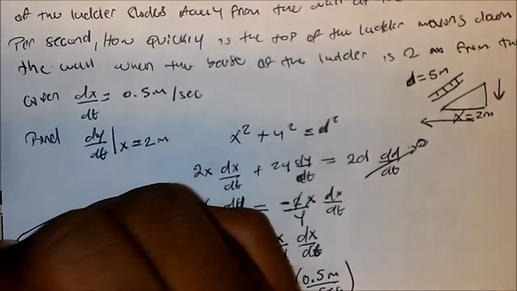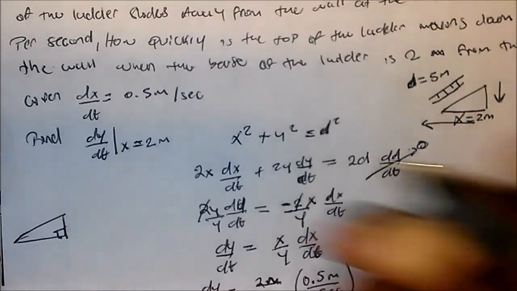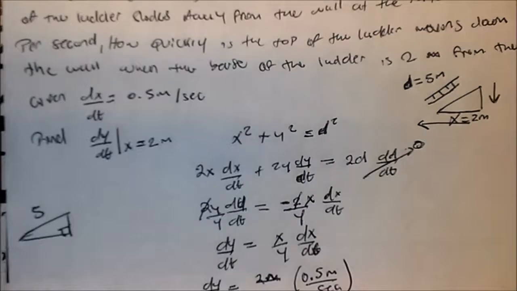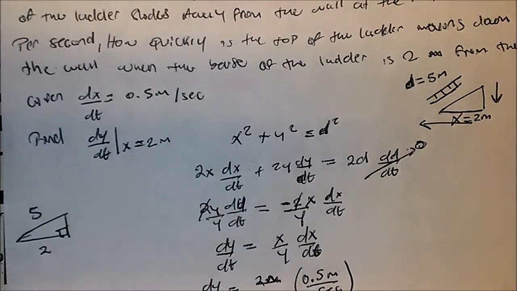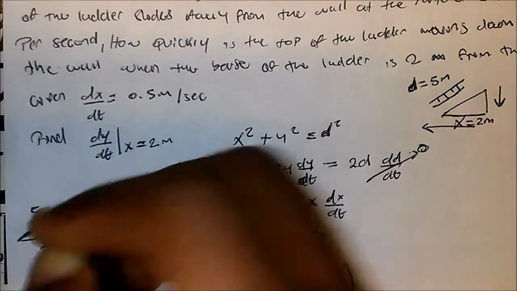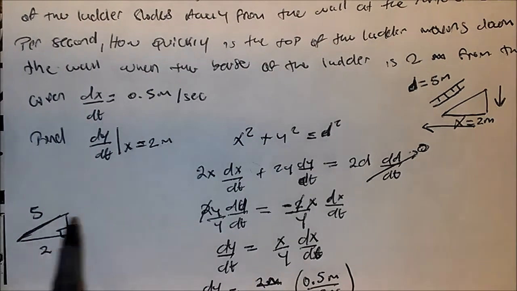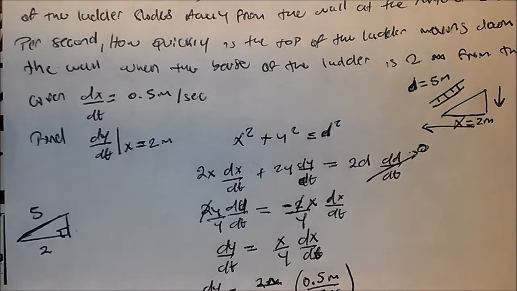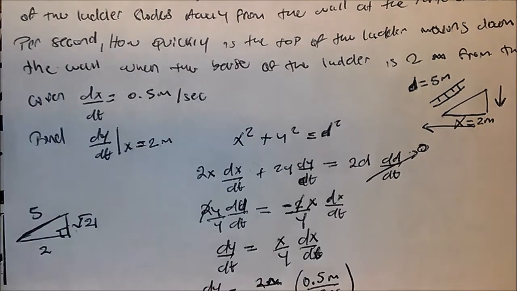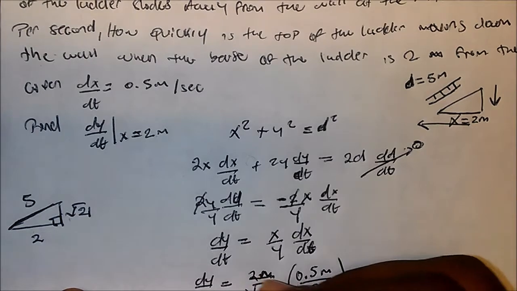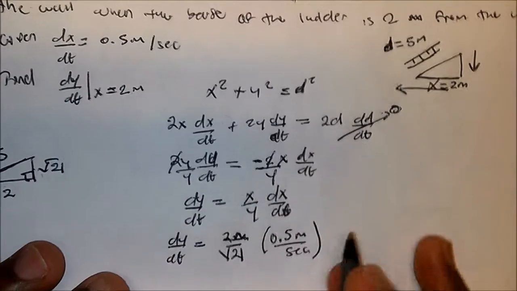We could set up a Pythagorean theorem triangle, a right triangle rather, where this is 5 meters and x is 2. According to a squared plus b squared equals c squared, I guess I could call this b, your b squared will be the square root of 5 squared minus 2 squared, and that is just the square root of 21. You could do that in your calculator, right? So y here will be the square root of 21.